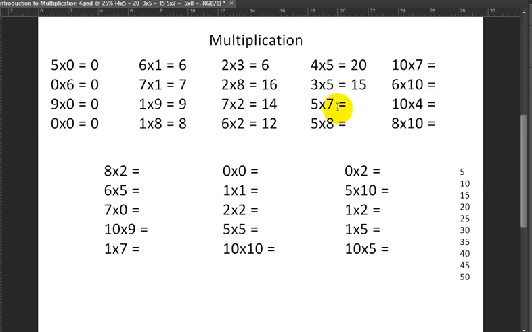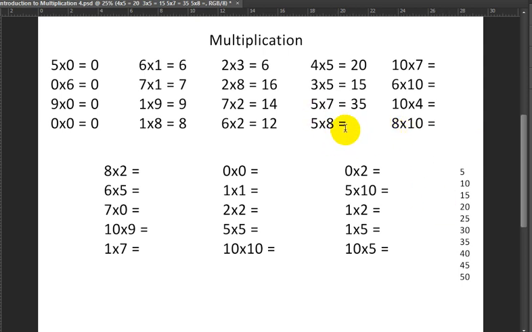Here we have 5 times 7, which means I need to count to the 7th number. So 5, 10, 15, 20, 25, 30, 35. Stop. That is the 7th number. So 35 is my result.